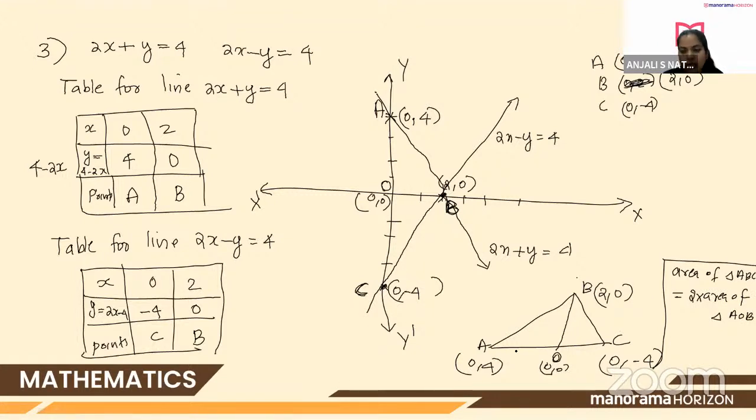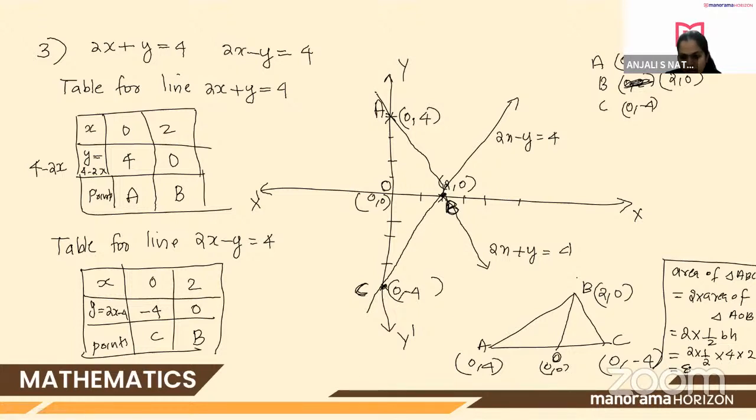So 2 into half base into height is the area, that is equal to 2 into 1 by 2 into the base is 4 and the height is 2.